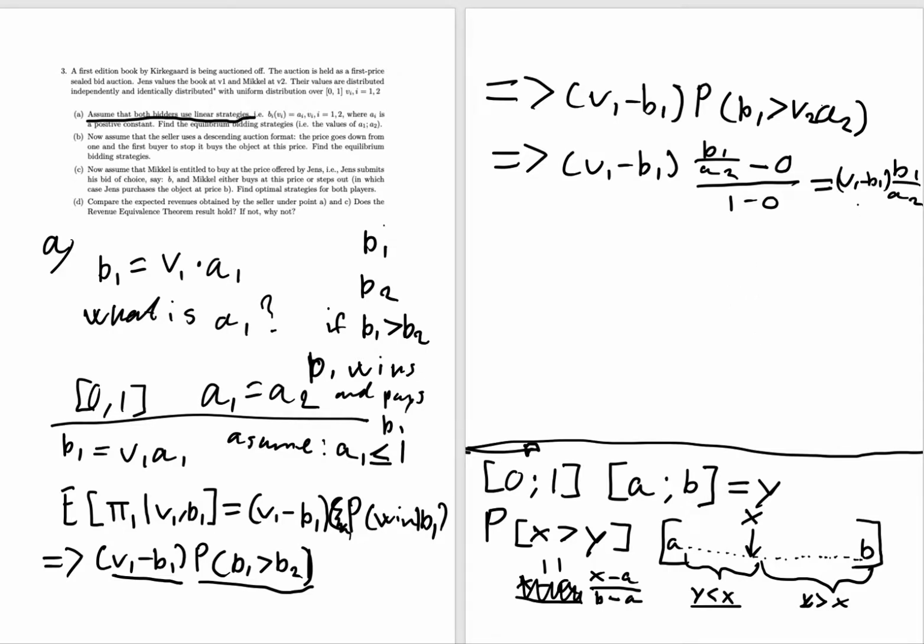So now we have something that we can actually maximize. And we're going to maximize it with respect to B1 because that is the value that we're trying to manipulate so that we'll be able to get the most out of our profit. So now that we've done this, we're going to maximize it.